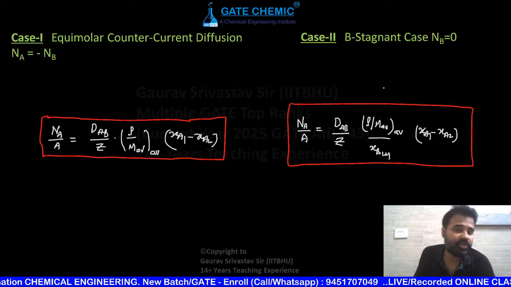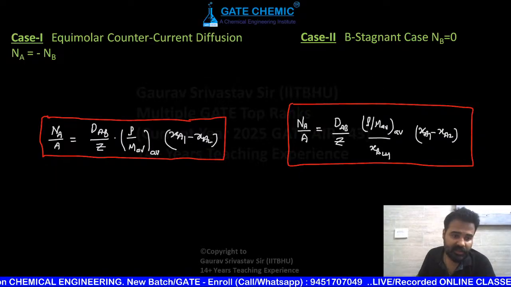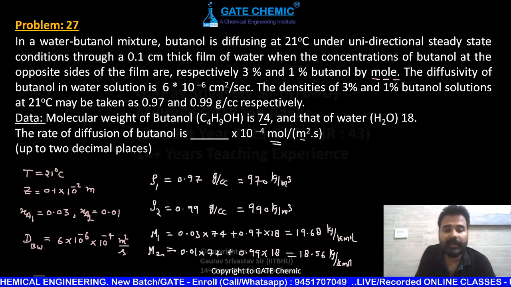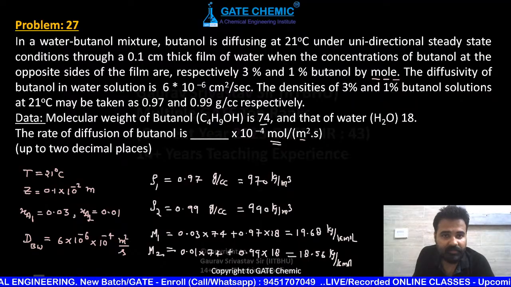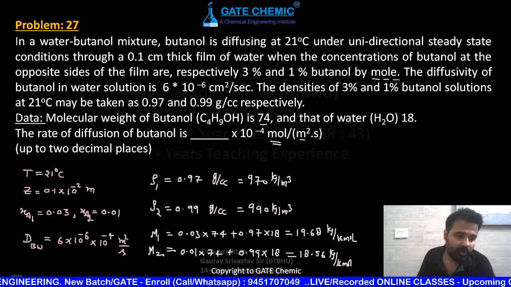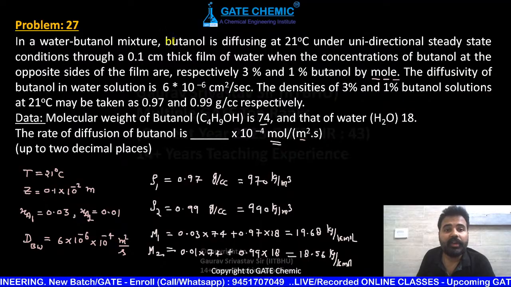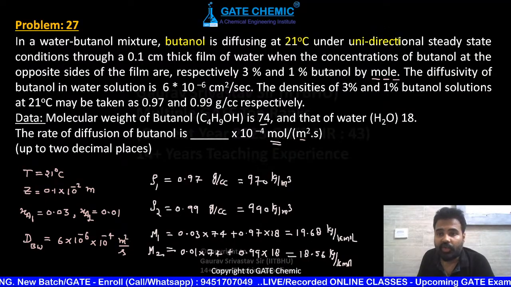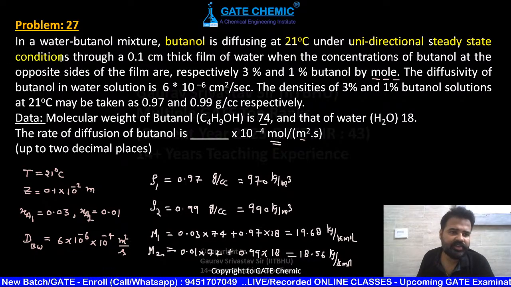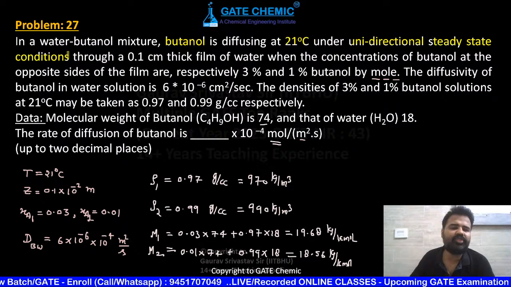What kind of question will be asked on this, don't worry, just see a question based upon that one. In a water butanol mixture, butanol is diffusing at 21 degrees Celsius under unidirectional steady state condition. Unidirectional means it is the case of B stagnant.